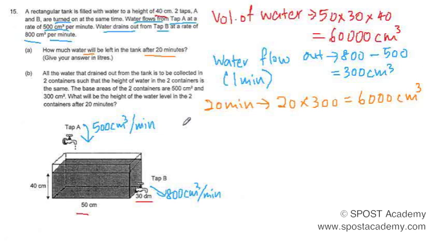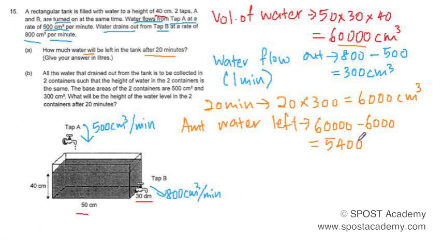So the amount of water left would be the volume of water at first, which is 60,000 minus 6,000. And we will get 54,000 cm3 of water that's left. But the question wants us to give the answer in liters, so to put it in liters, this will be 54 liters. This is the answer for part A.